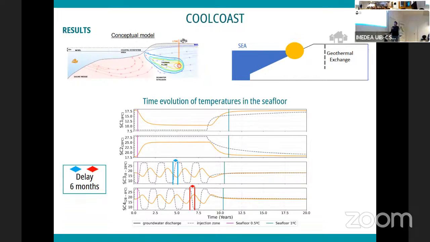There is a delay of more or less 6 months for the thermal plume to arrive from the point of injection to the seawater discharge. And then again, we can see a little thermal hysteresis, a delay in arriving at the initial condition.